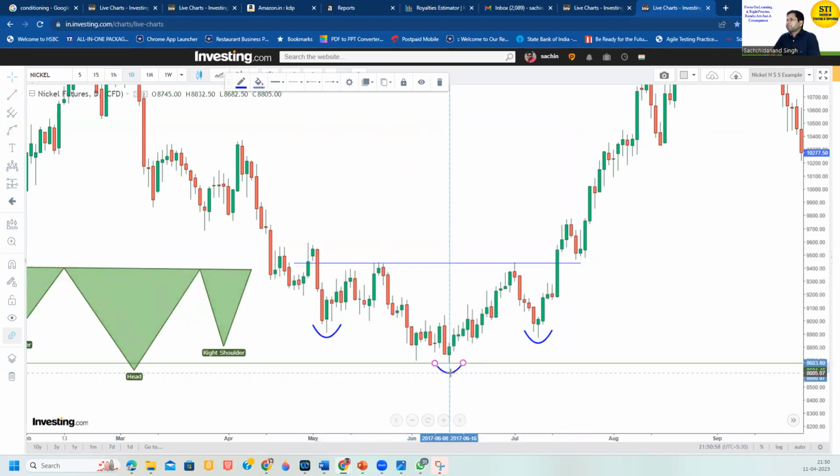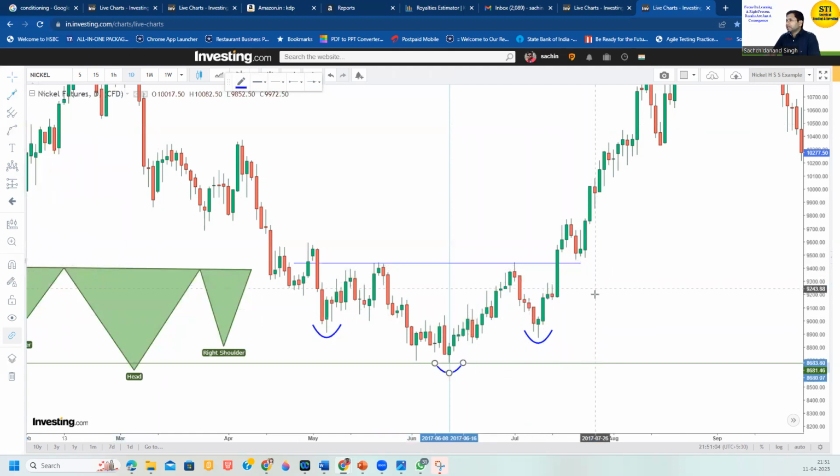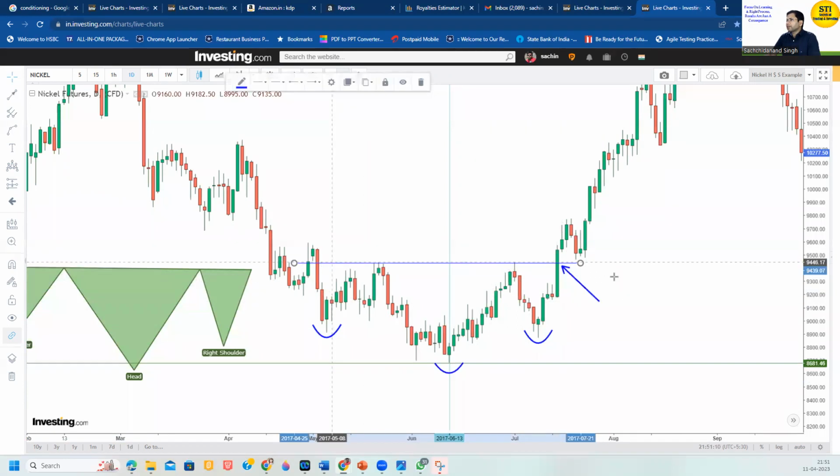As I was mentioning earlier, this particular candle here, which is breaking out of this neckline, will be the ideal entry point.